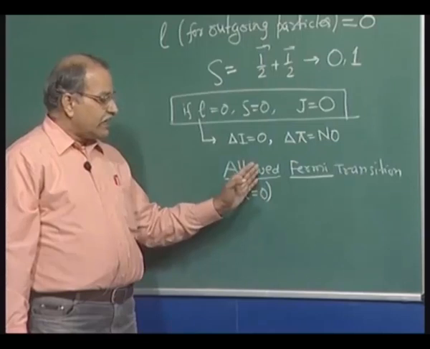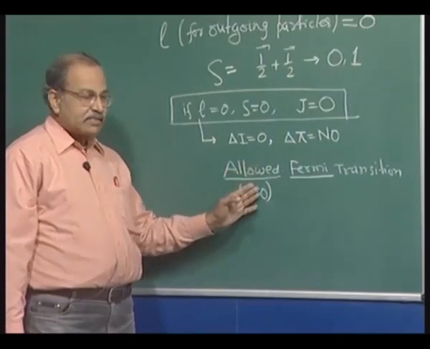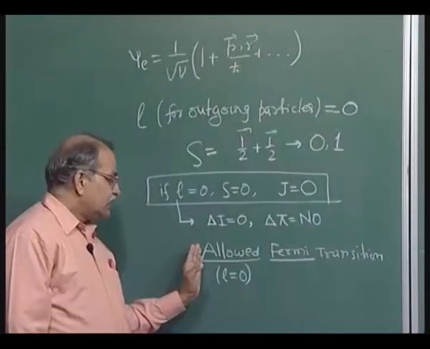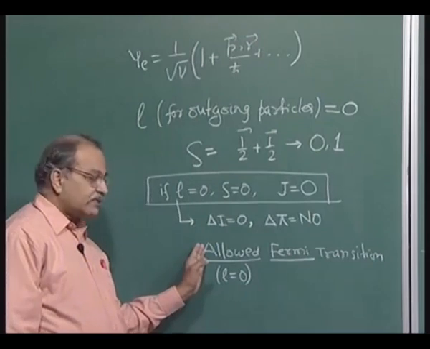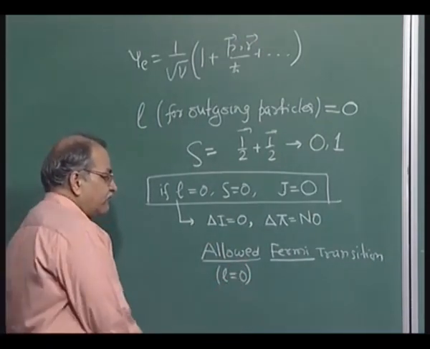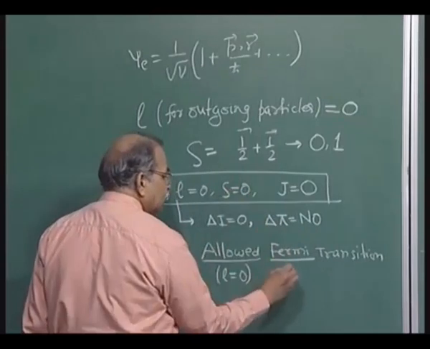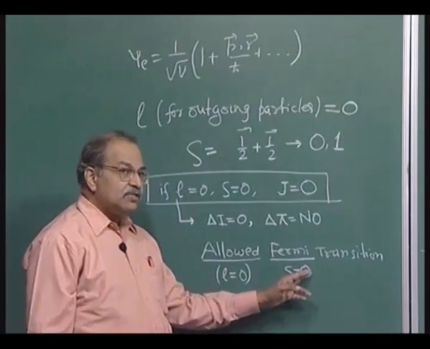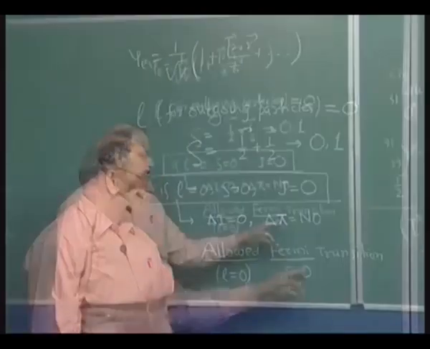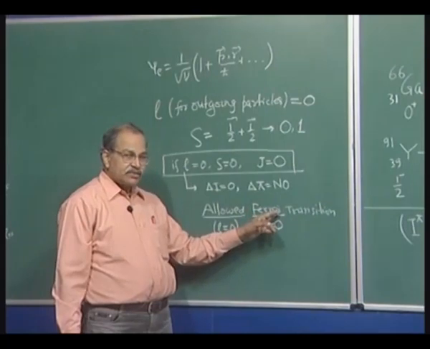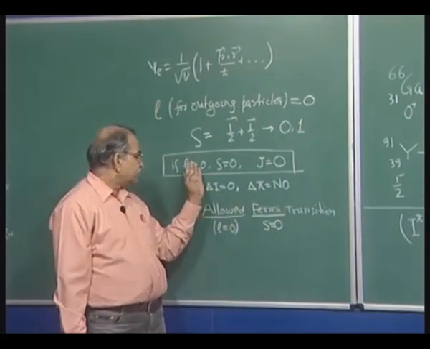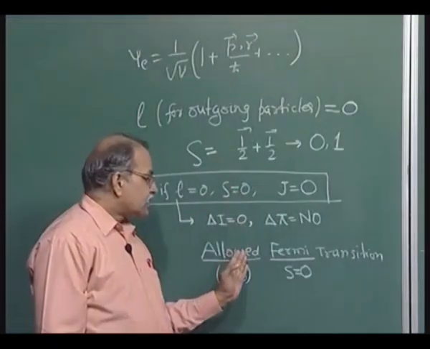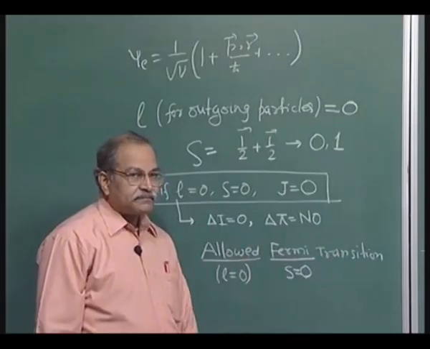The probability is high, the contribution is high if it is present, that is why it is somewhat close to the meaning, but not exactly. And Fermi transition is S equal to 0. So, if the spin angular momentum of the two outgoing particles combine to S equal to 0, that is known as Fermi transition, and both of them are here in this case. If L is equal to 0 and S equal to 0, that is known as allowed Fermi transition.